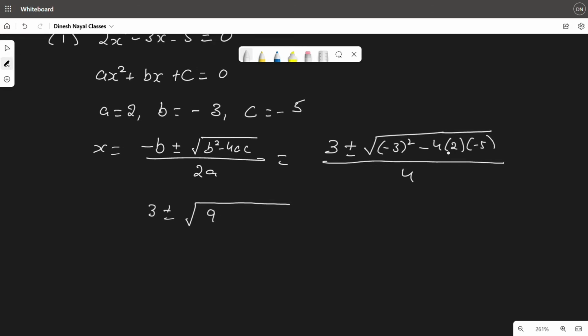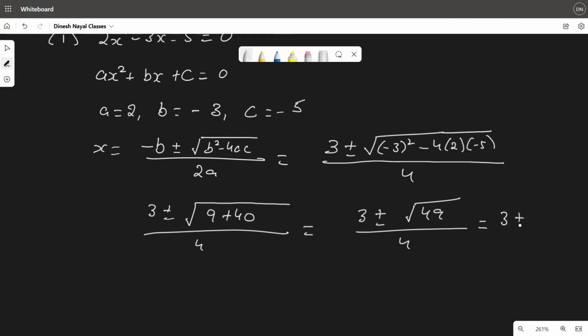Now see, minus 4 into minus 5 will become minus 20 and into 2 that will become plus 40, whole upon 4. So we can write 3 plus minus under root of 9 plus 40 is 49, upon 4. We know that under root of 49 is 7. So this will be 3 plus minus 7 by 4.